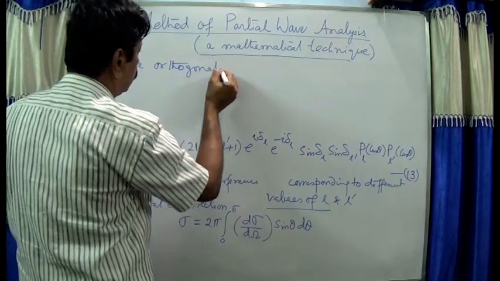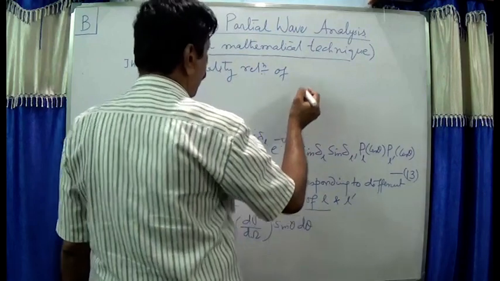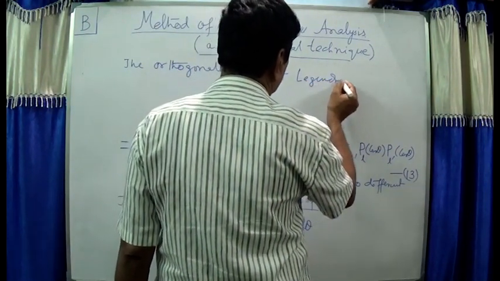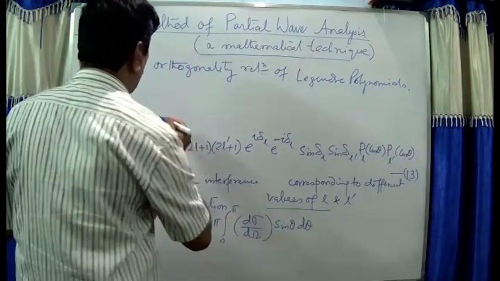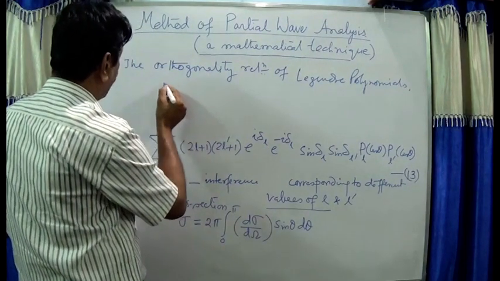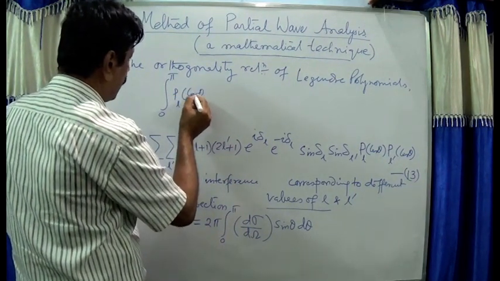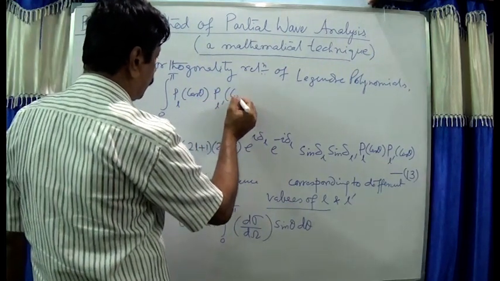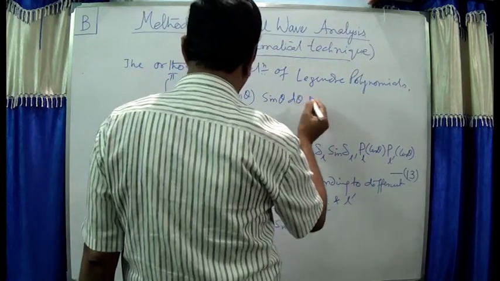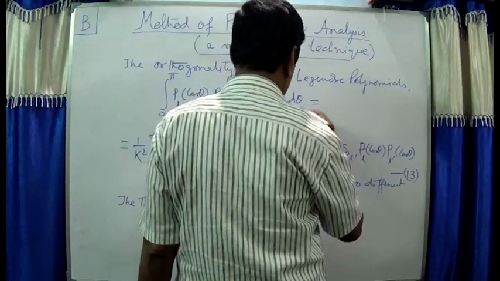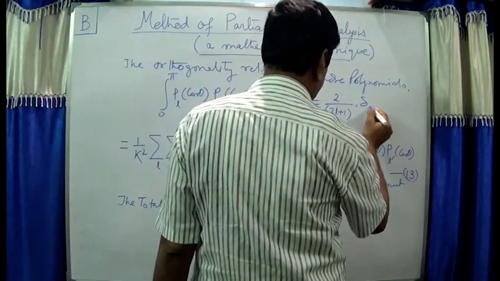The orthogonality relation of Legendre polynomials is this much: integral 0 to pi, P_L cos theta, P_L prime cos theta, sin theta d theta, is equal to 2 by (2L plus 1), delta_L L prime.